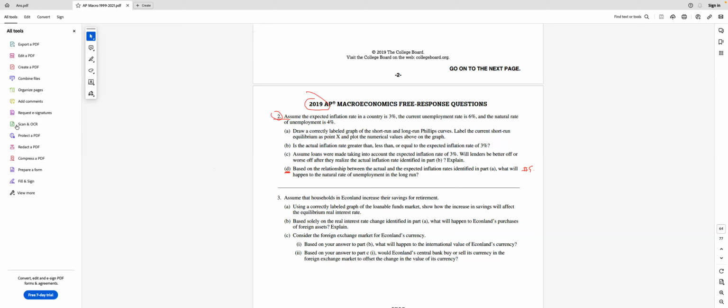So the first question, be careful. You'll need to put your short-run Phillips curve and the long-run Phillips curve into the same graph. Okay, you don't need to, I could do two different graphs, but we just put the two curves together. So let's do this. Because this is a Phillips curve, we label the horizontal axis by unemployment rate.